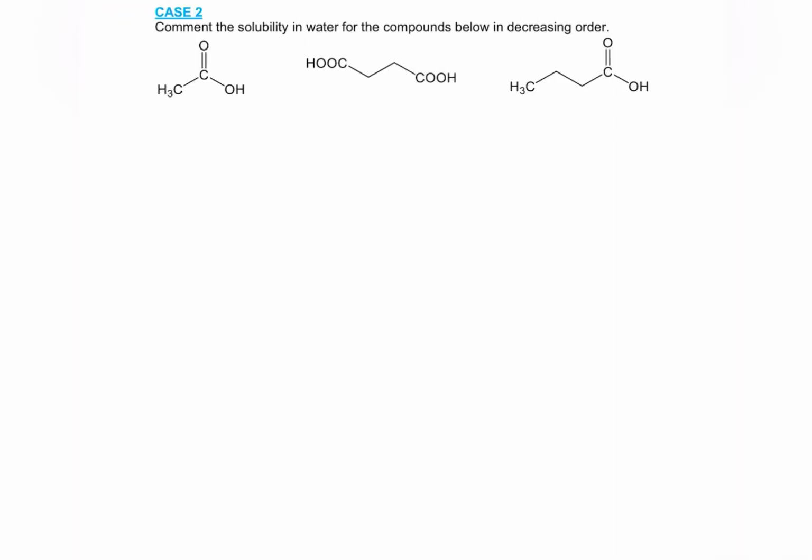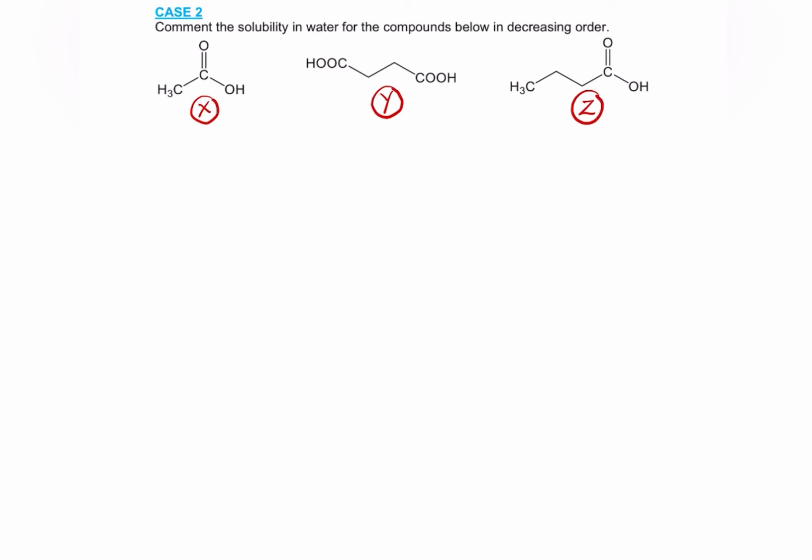If you see here, I want to compare the solubility in water based on these 3 different structures. So I'm going to label them first. Let's label the first structure as X, this one as Y, and this one as Z. And the next one, I'm going to see how many carboxyl groups they have in each structure.